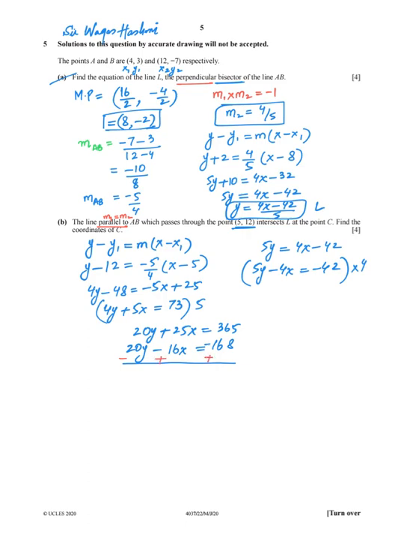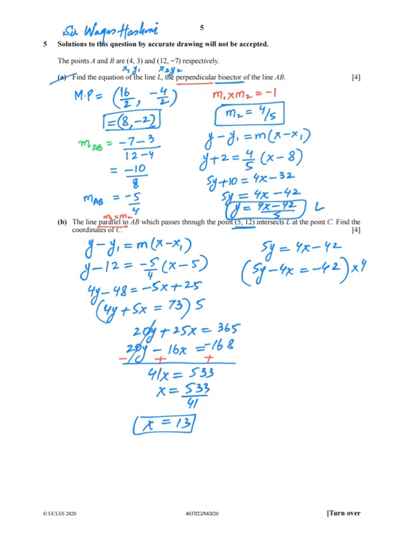So minus plus cancels, so 25 plus 16 leads to 41x equals 365 plus 168, which leads to 533. All right, when you shift the 41, it will be 533 divided by 41, and it leads to 13. That is the value of x.